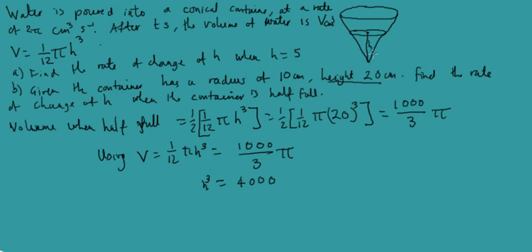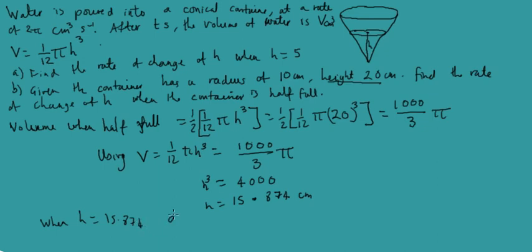So the height of the water when it's half full, the height of that cubed is 4000, so the height will be 15.874 centimeters.